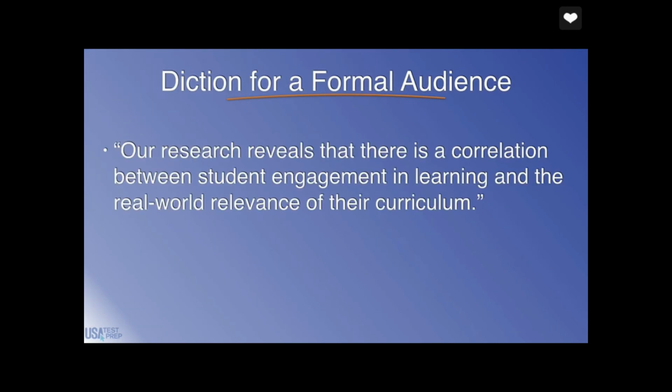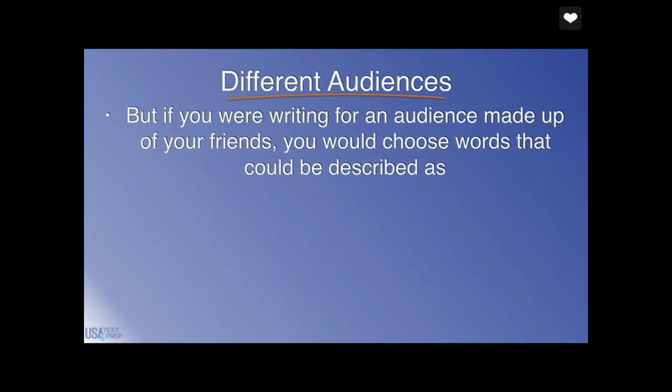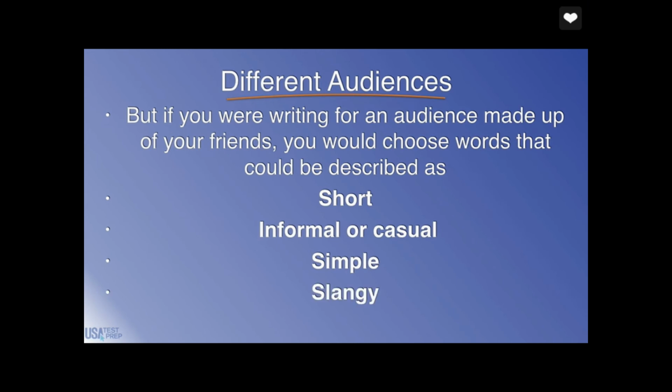For example, this sentence uses a high level of diction, formal words, and tone. It reads, "Our research reveals that there is a correlation between student engagement in learning and the real-world relevance of their curriculum." But if you were writing for an audience made up of your friends, you would choose words that could be described as short, informal or casual, simple, or even slangy.